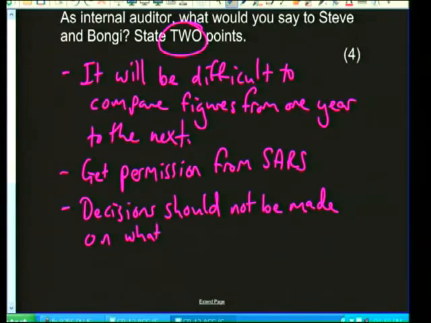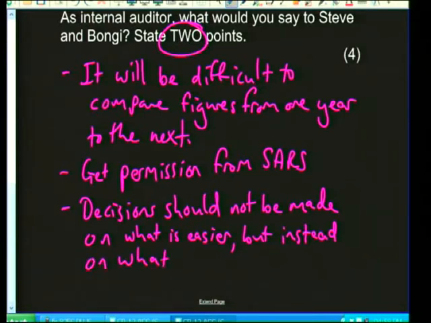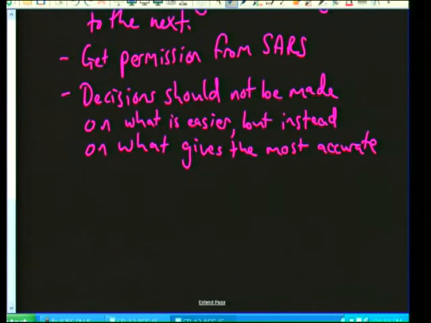Decisions should not be made on what is easier, but instead on what gives the most accurate value. So we're interested in accuracy here. We want to know which of the two systems will give the most accurate value of our stock.